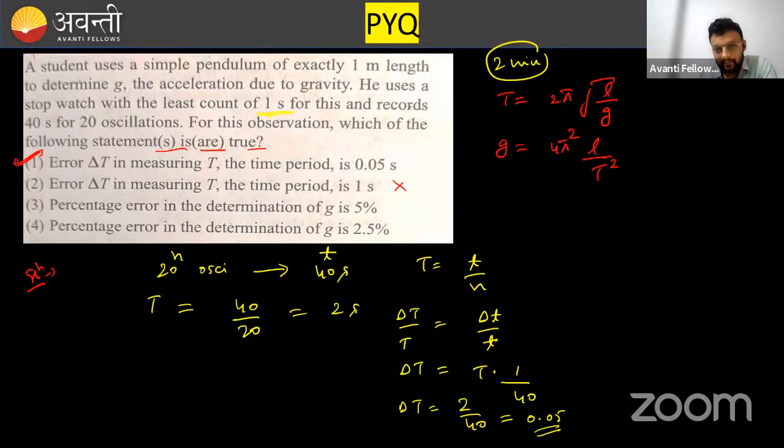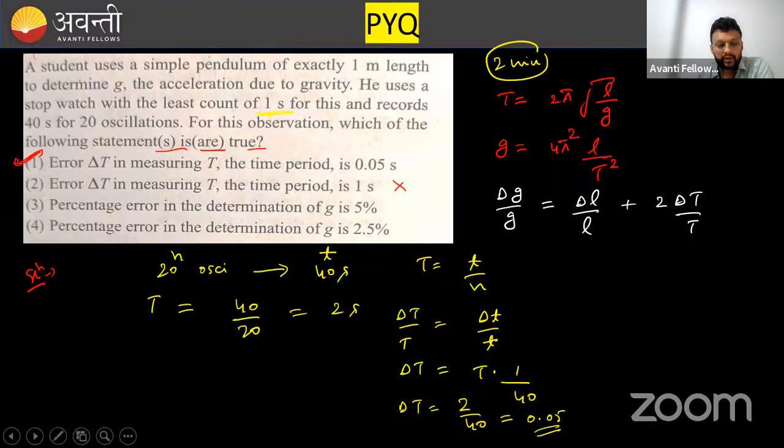I can write further. What is the error in the measurement of G? Delta G by G is equal to, can anyone say what it will be? Delta L by L plus 2 delta T by T. Put the values.